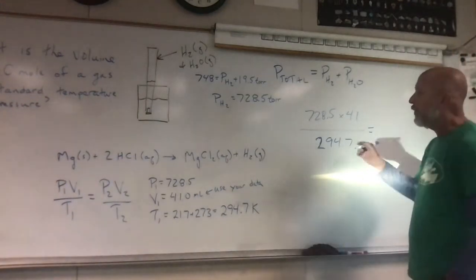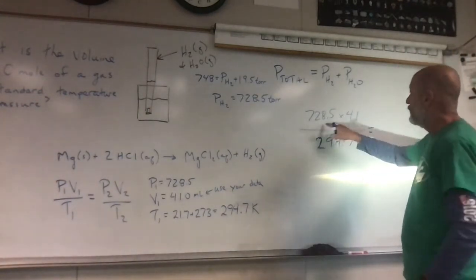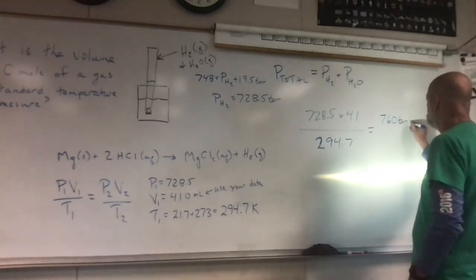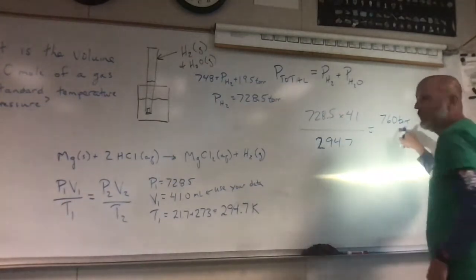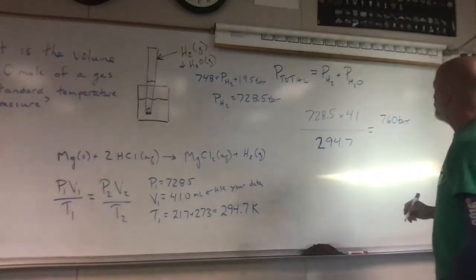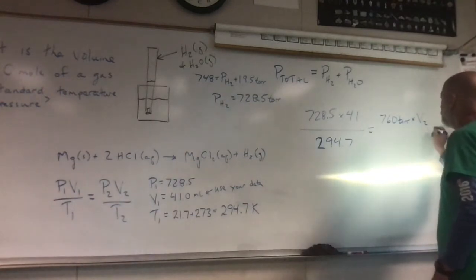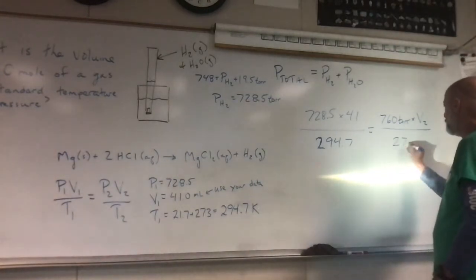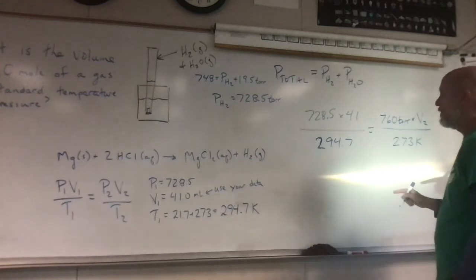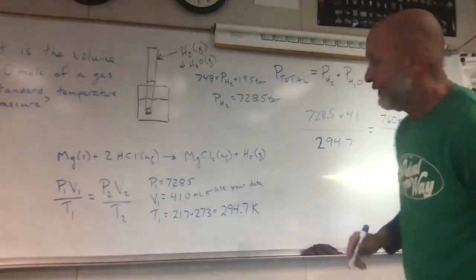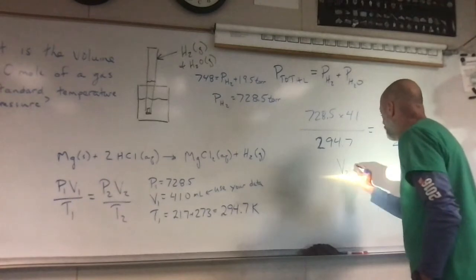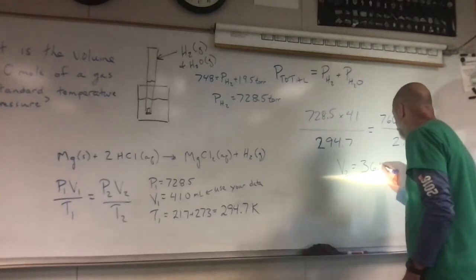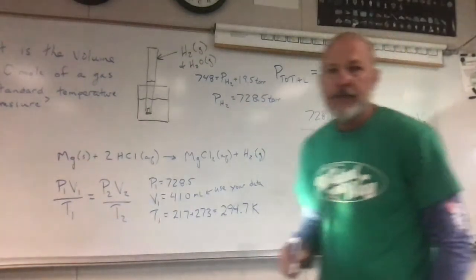What's standard pressure? 1 atmosphere, but I'm in torr. 1 atmosphere, the conversion we have is 760 torr. So be careful, I'm in torr, so the standard pressure, 1 atmosphere, is 760 torr times V2, that's what I want to find, divided by temperature under standard conditions, 273 K. That's my standard temp. I multiply that through, and if I did this right, I got V2 equals 36.4 milliliters. So that's my V2.